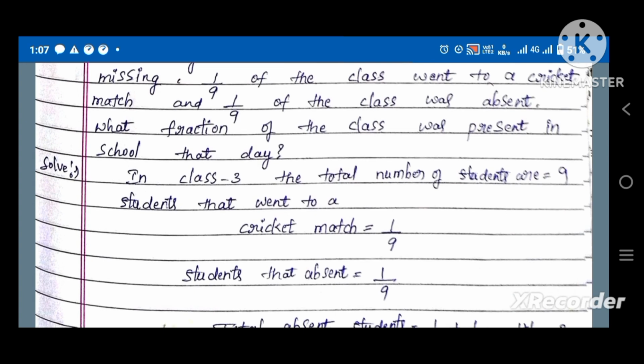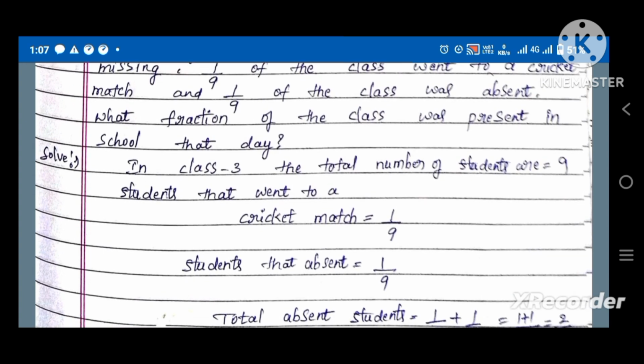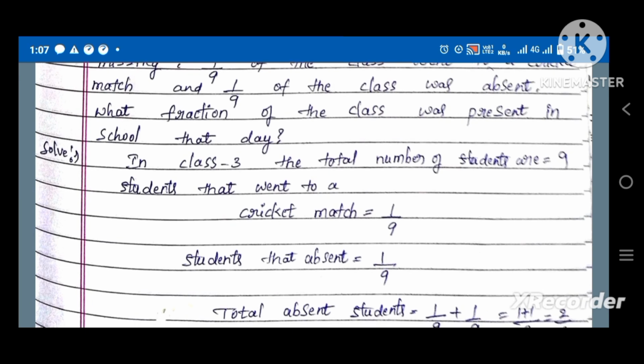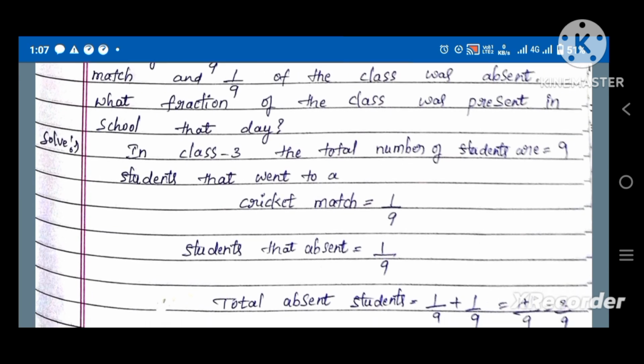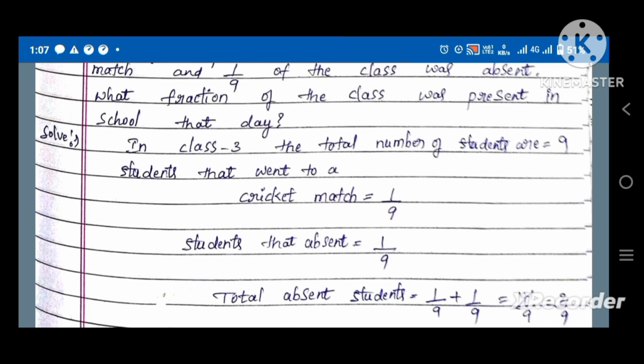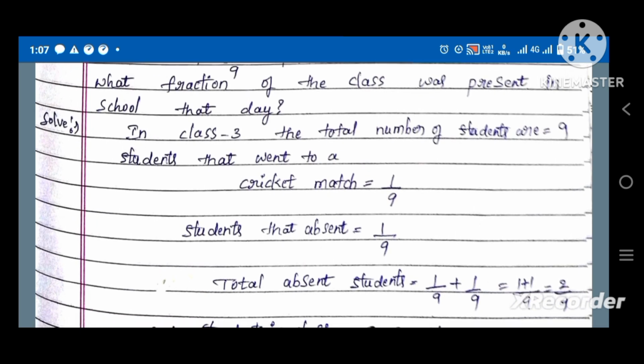Solve. In class 3, the total number of students is 9. Students that went to a cricket match is equal to 1 by 9. Students that are absent is equal to 1 by 9. Total absent students is equal to 1 by 9 plus 1 by 9 is equal to 2 by 9.